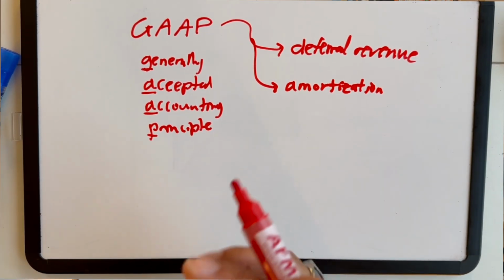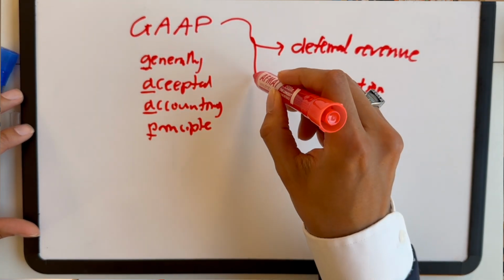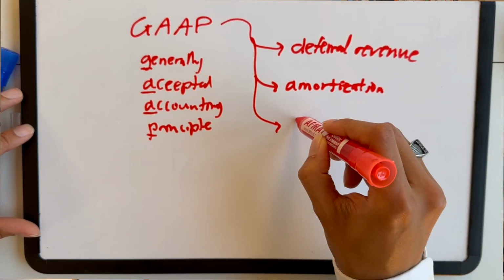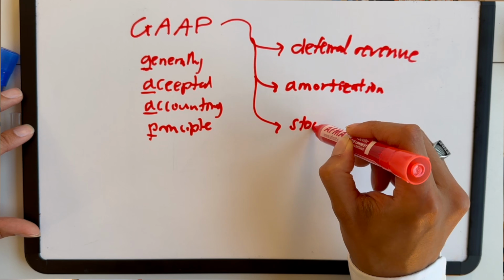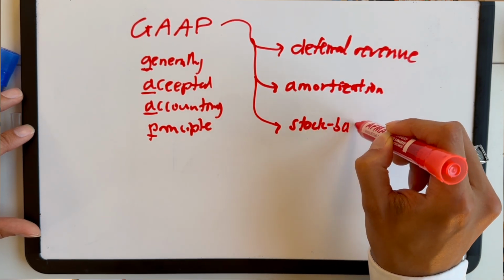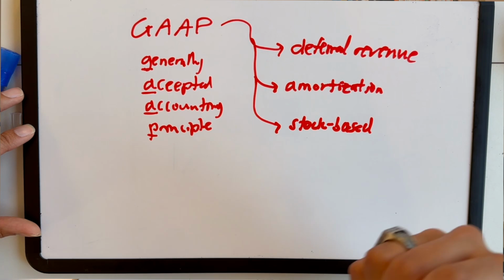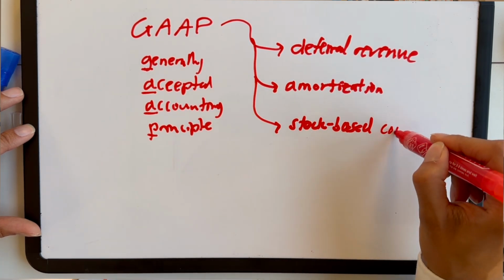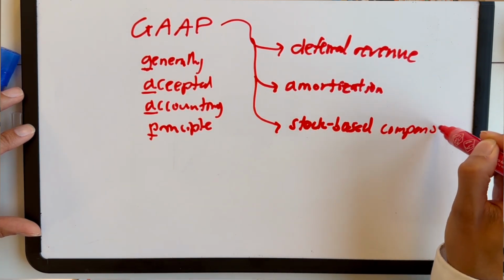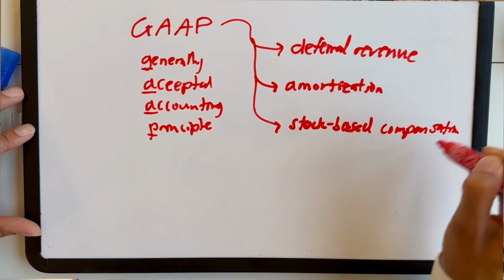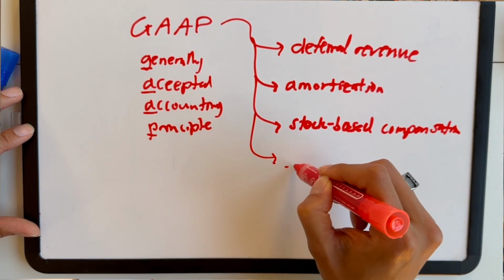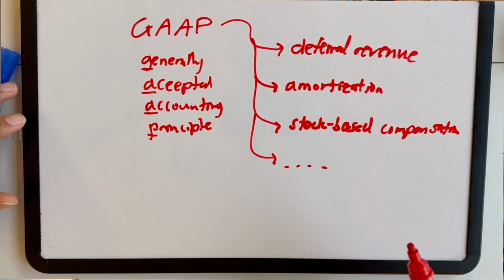How do we account for those intangible assets? And things like stock-based compensation. This is a big one, especially for growing firms. Tech companies usually have a lot of stock-based compensation. And then there's even more. Those are just a couple of examples that you and I should know about.